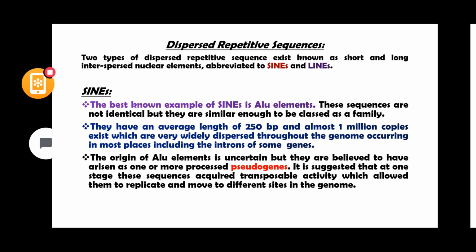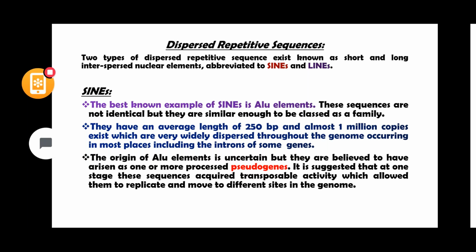It does not synthesize a transposase enzyme itself, so it does not possess any activity, therefore it is thought to be a pseudogene. It behaves like a gene, but it does not have a proper function and depends upon the other. That's why the name pseudogene.